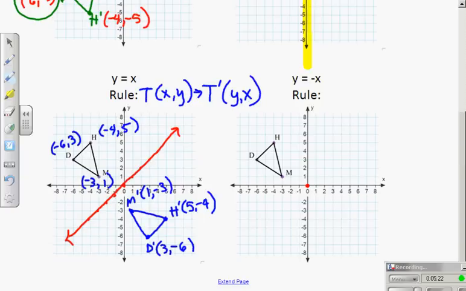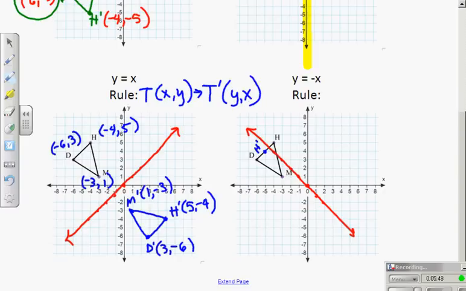Now, reflection over y equals negative x is the diagonal that goes the other direction. So it goes through 0, 0, has a slope of negative 1 over 1. So it's going to cut through like this. Now, if you could envision, if H is here, looks like one diagonal unit away, H prime is going to end up there.